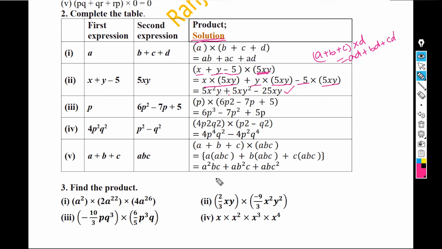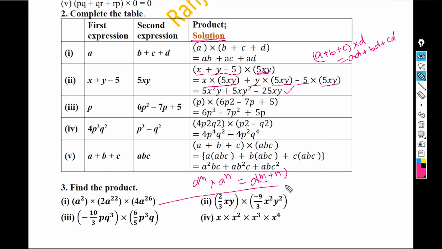Now these questions are also easy. In all of these cases, a to the power m into a to the power n equals a to the power m plus n. This is the formula you have to use.